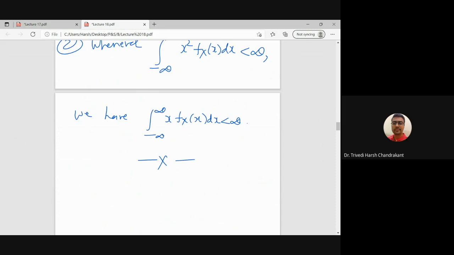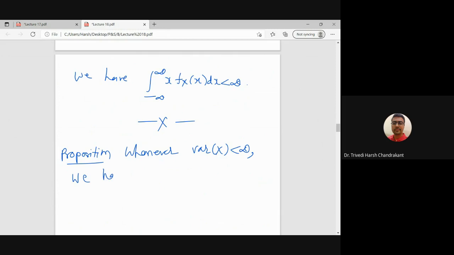Let us find the variance of ax plus b. So this is a small proposition. Whenever variance of x is a finite number, we have that variance of ax plus b is a square times variance of x.